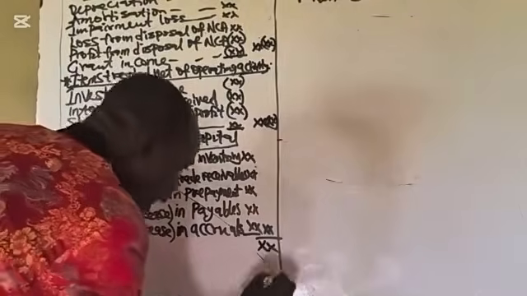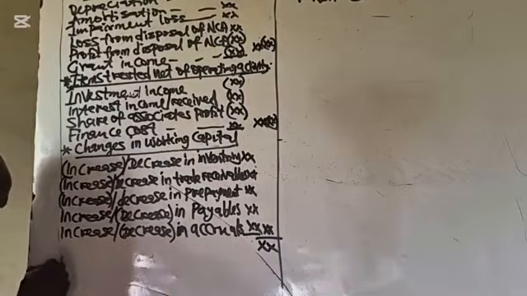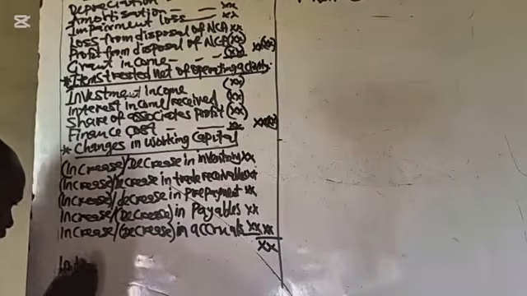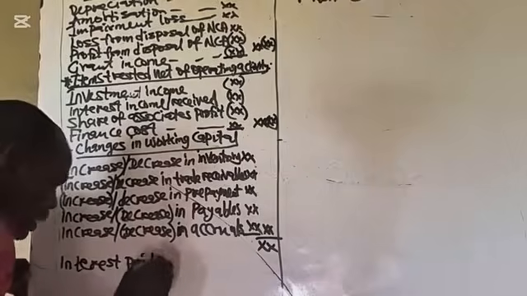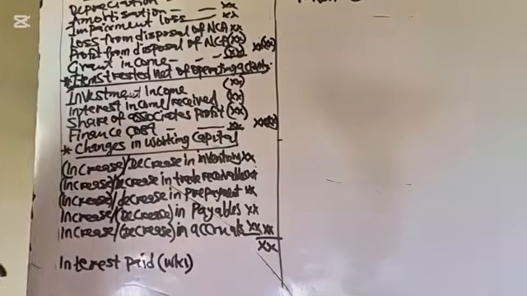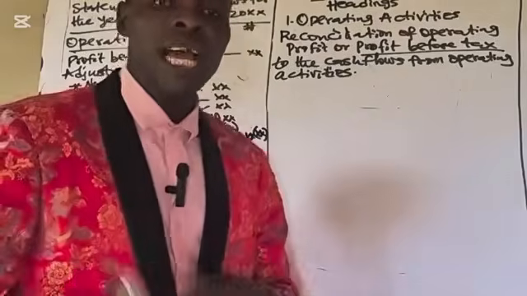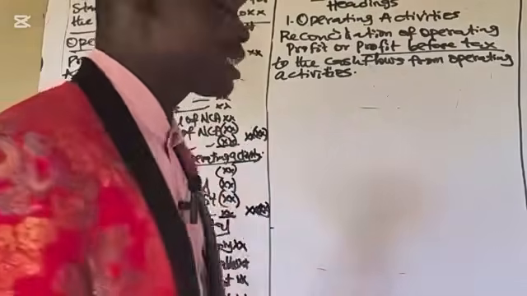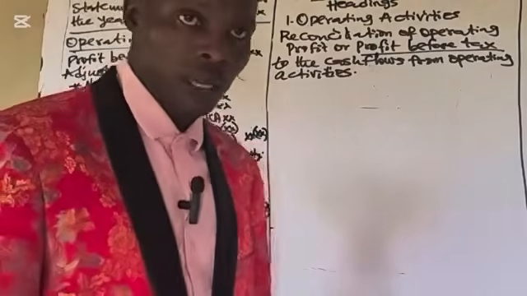Then you now have interest paid, if any. If you have interest paid, this interest paid may occasionally be the same as your finance cost. I've told you that interest paid will occasionally be the same as finance cost where there are no interest payable.